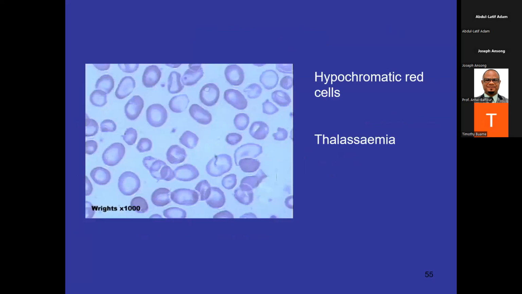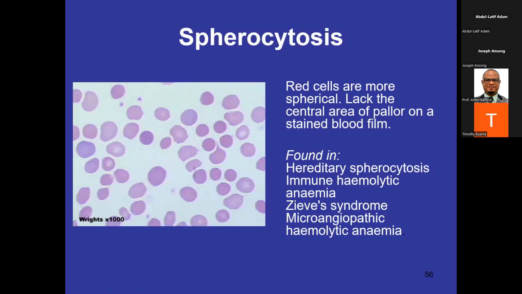Then we have hypochromic red cells, very little hemoglobin, they are not staining well. We have the thalassemia, which is as well. Then we have spherocytosis. So in this case, red cells are more spherical.